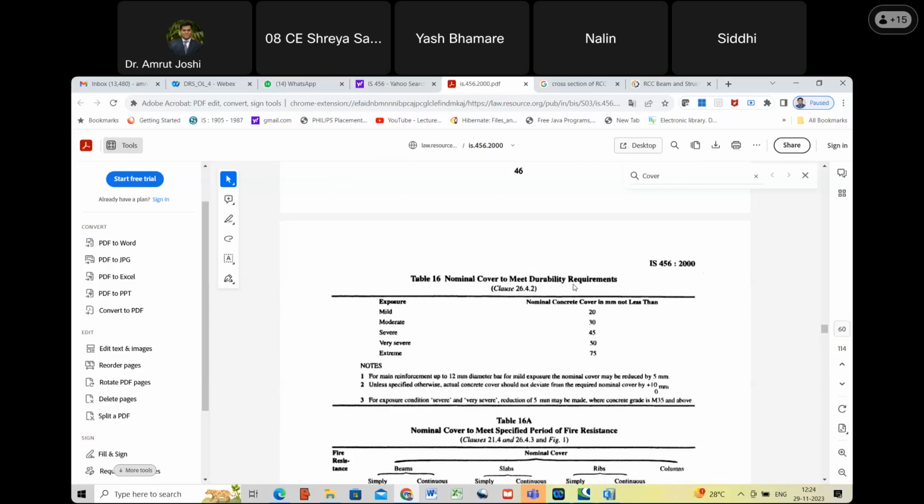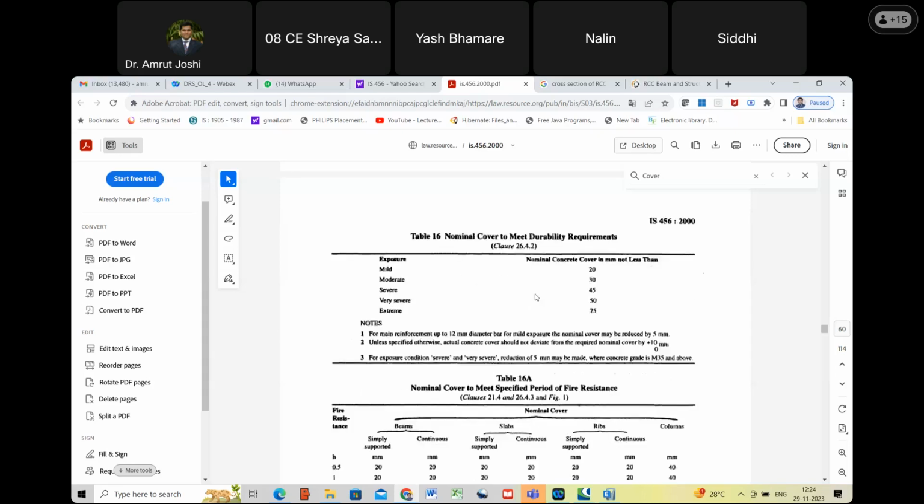So as I said, we provide the cover to the reinforcement, one, to avoid corrosion of the reinforcement due to environmental attack. Are you with me? Yes, sir. And second, in event of fire, the temperature difference should reach steel as late as possible.